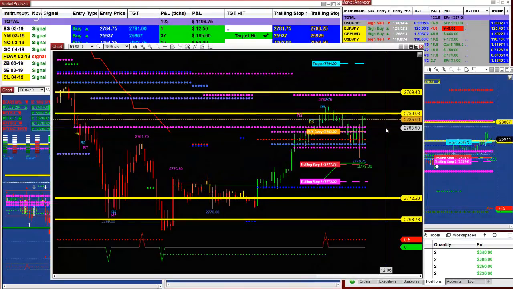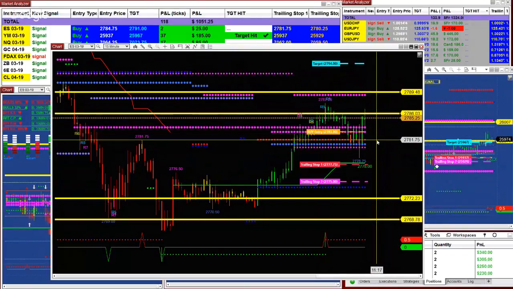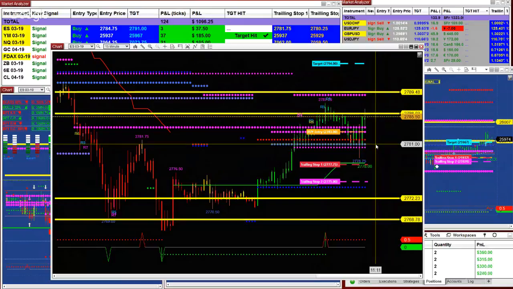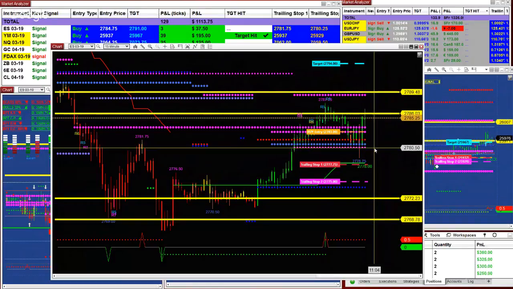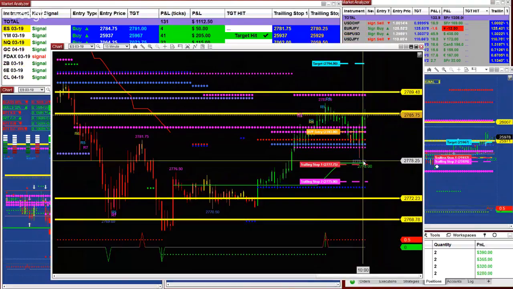We have heavy support at 83.50, heavy support at 83, then we have 81.75, then we have the 81 level, and then we have 80.50. So we have to break four walls. Then at the end of it, there is a pullback re-entry sitting waiting for us at 2778 if there's any pullback on that market.